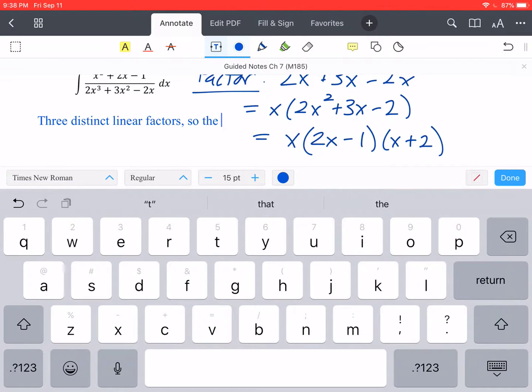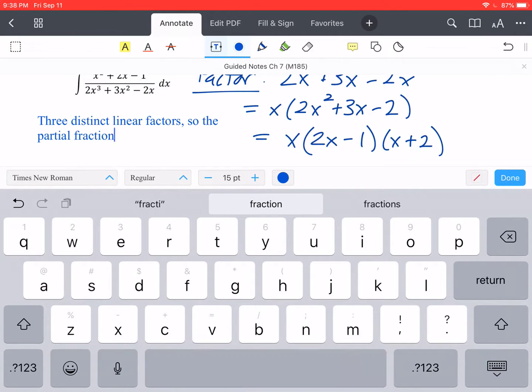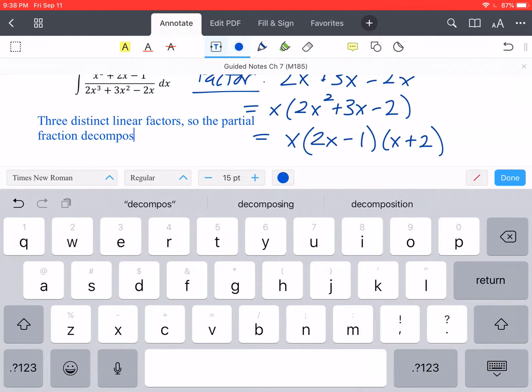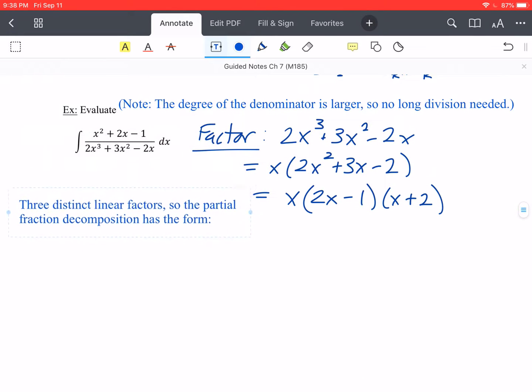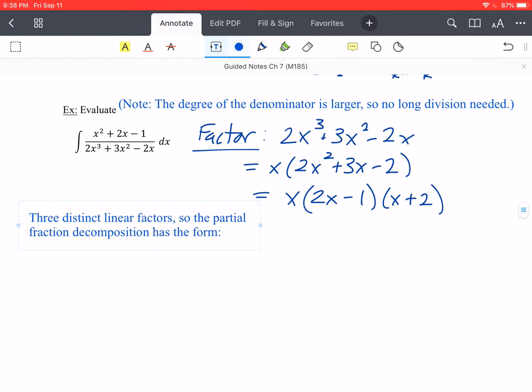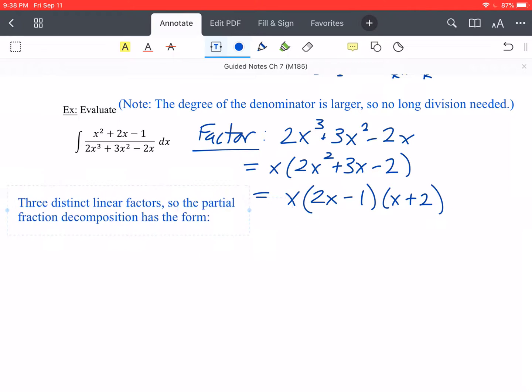So the partial fraction decomposition has the form... Actually, keep it over here.